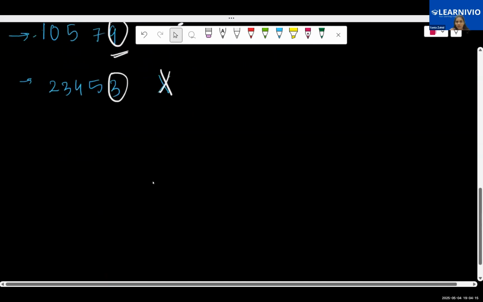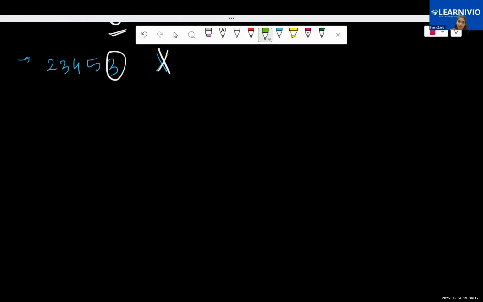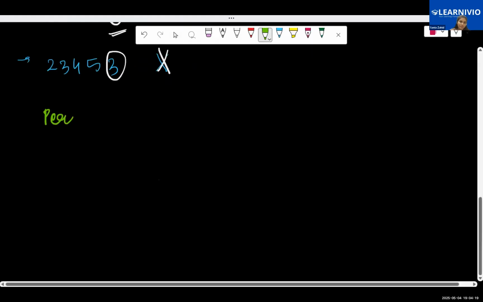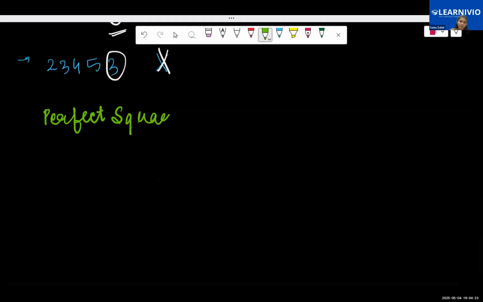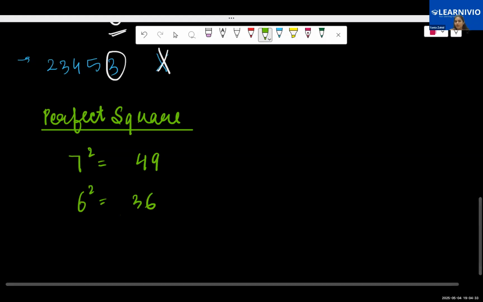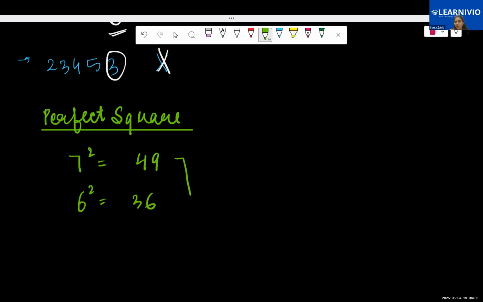Then one more thing is perfect square. What is the meaning of perfect square? Let's suppose I have 7 square is 49 and 6 square is 36. Now between 36 and 49, what numbers do I have?